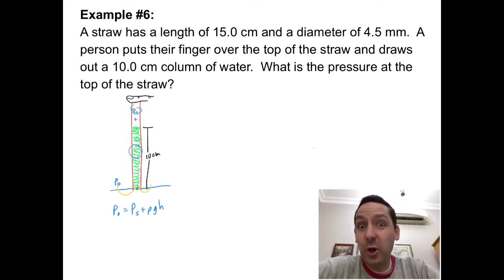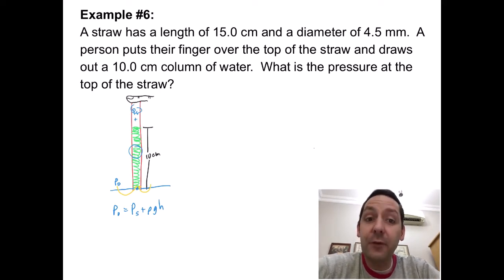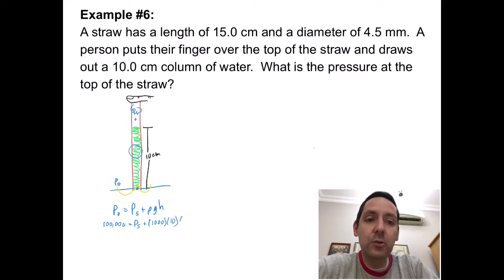Now we can actually put all those numbers in. We have most everything. If we assume the ambient pressure to be 100,000 pascals, which we will, that's normal atmospheric pressure, then we can find the pressure of the straw. Because we know that the density of the water is 1,000, we know that g is 10, and we know the height is 10 centimeters, which is going to be 0.1 meters.